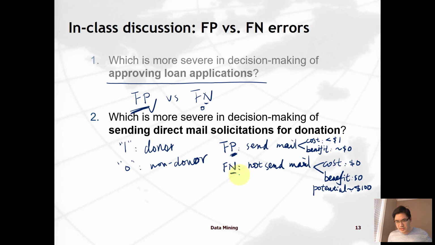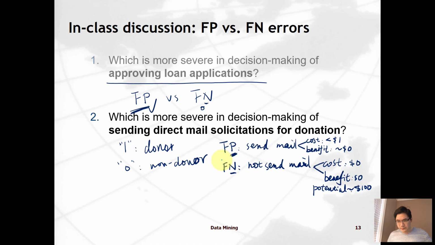In the case of false negative, the algorithm mistakenly predicted a donor to be a non-donor and suggested that the company not send a mail solicitation. However, making this kind of mistake will lose the company a potential donation of 100 by not sending a mail. So in this case, the error of false negative is more consequential. It leads to lost potential revenue for the company. I hope this makes sense.